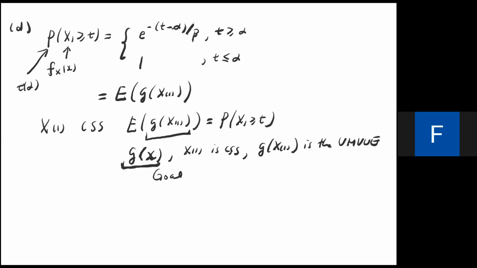I think it's the same thing as trying to show that X1 is a complete statistic. So if you really do that right here, you have alpha to infinity, the range of X1s, the PDF, and then a g function right here.